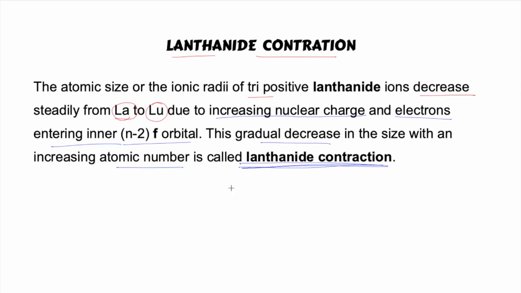A similar effect is seen in actinides as well. Its effect is observed in the d block elements, and that's why the sizes of zirconium and hafnium are not that different. They have quite similar sizes, although there are 14 elements between them.